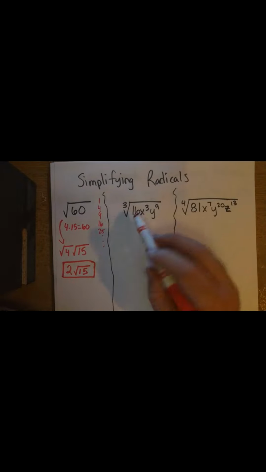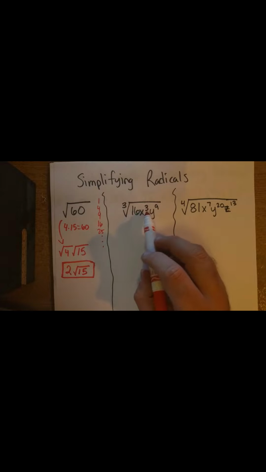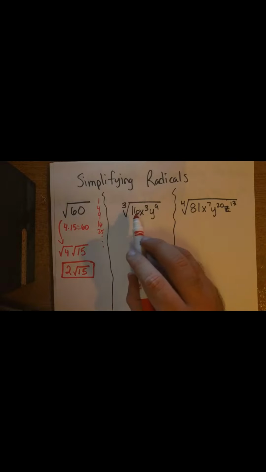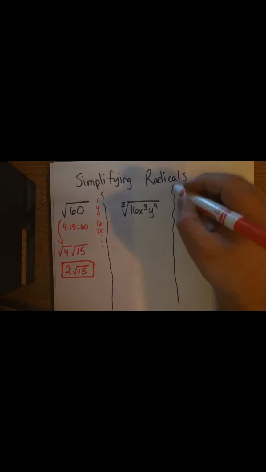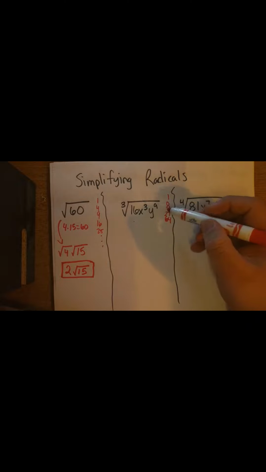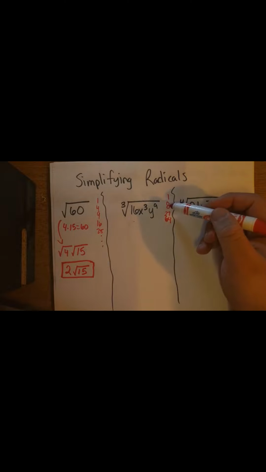With this one, it's a cube root of 16 x to the power 3, y to the power 9. I want to find a perfect cube that goes into 16. Well, what are our perfect cubes? 1, 8, 27, 64. But obviously 27 can't go into 16, it's too big. But what about 8?